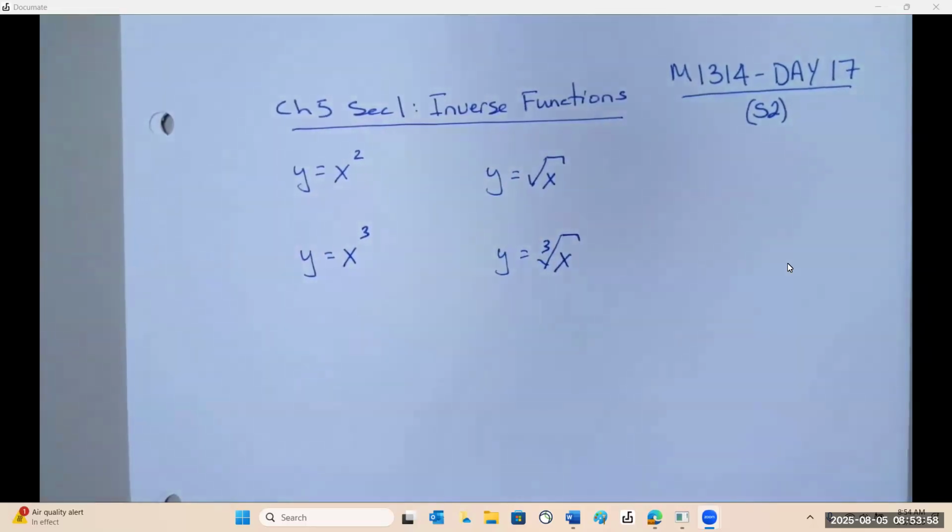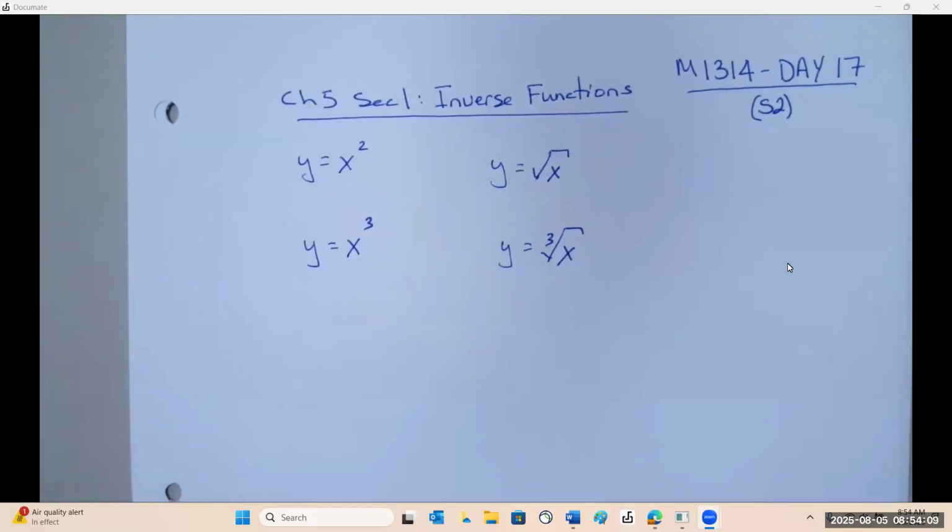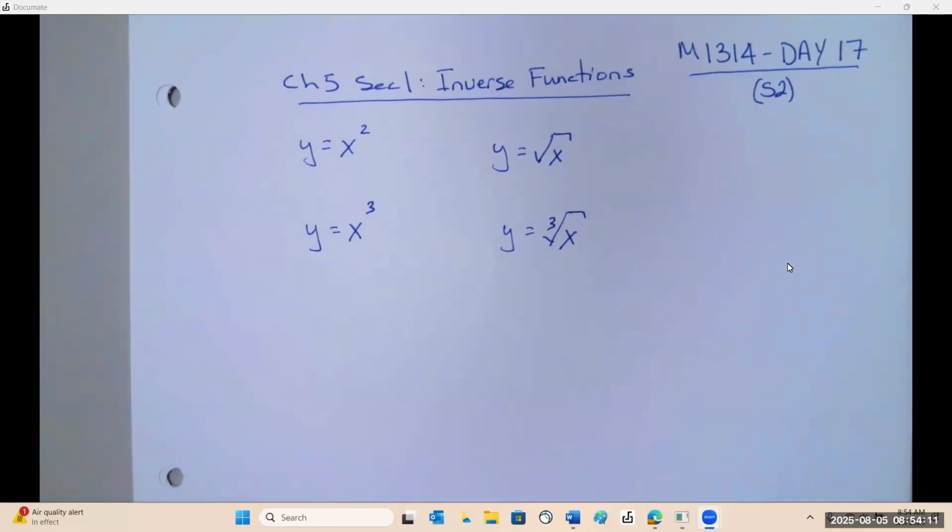These two are inverses of each other. And then we're going to learn a whole new realm of inverse functions that deal with what are called exponentials and logarithmic equations.